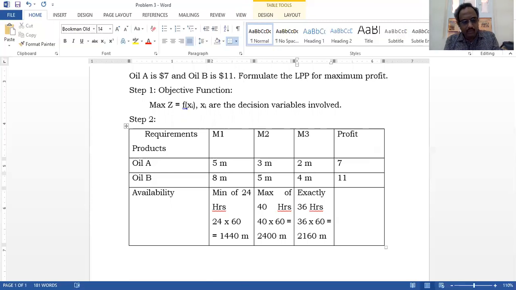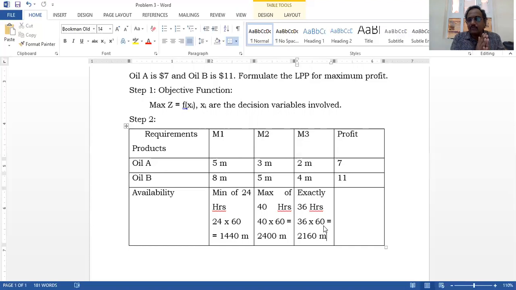But we have to combine this with the terminologies of the availability: minimum, maximum, and exactly. When we discussed the general idea for formulation of LPP, when forming the constraints, we said if it is minimum, we have to use a constraint with the greater than or equal sign.